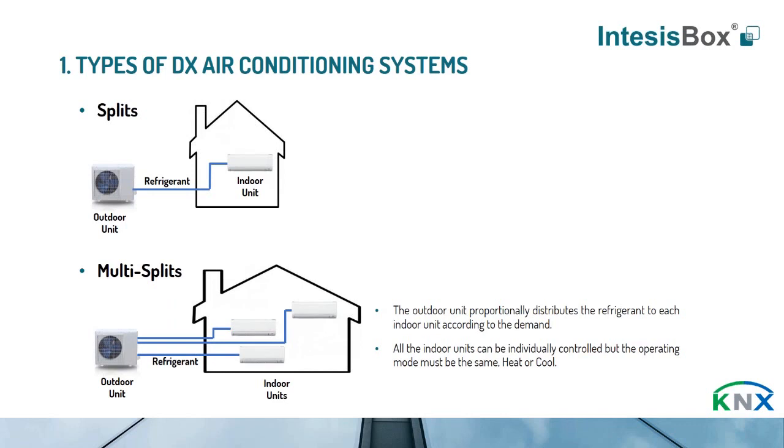But I want to mention that in these multi-split systems, the operating mode has to be the same. I mean, you cannot have one room working as cooling and one room working as heating, because the outdoor unit can just work in one operating mode, and that's why all your home, all your office will work in a specific mode.